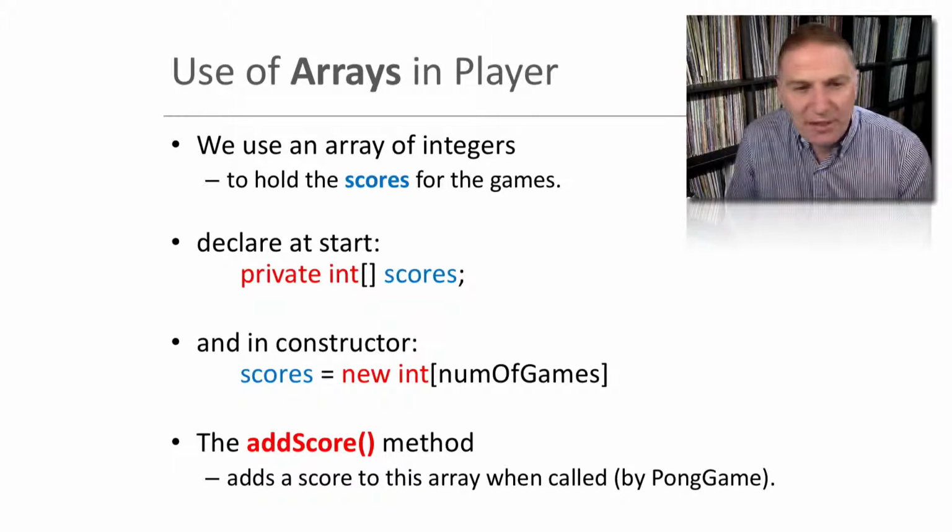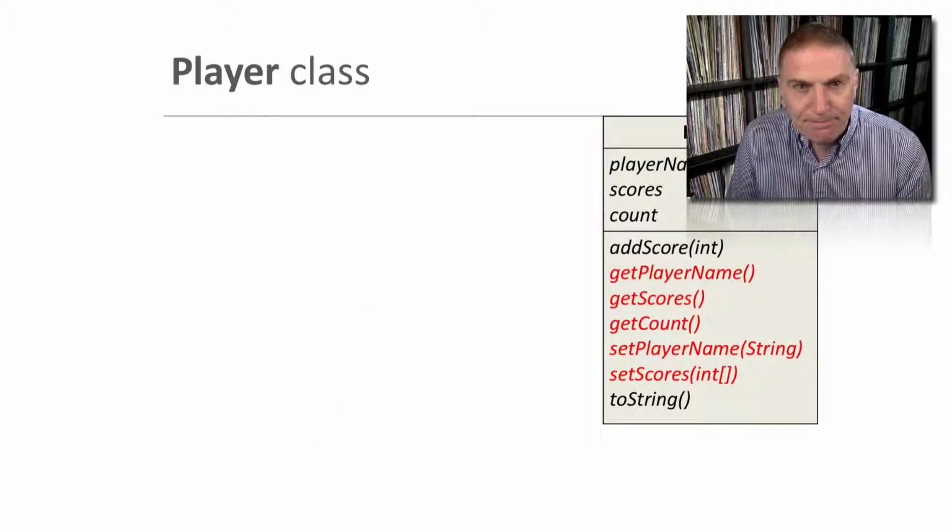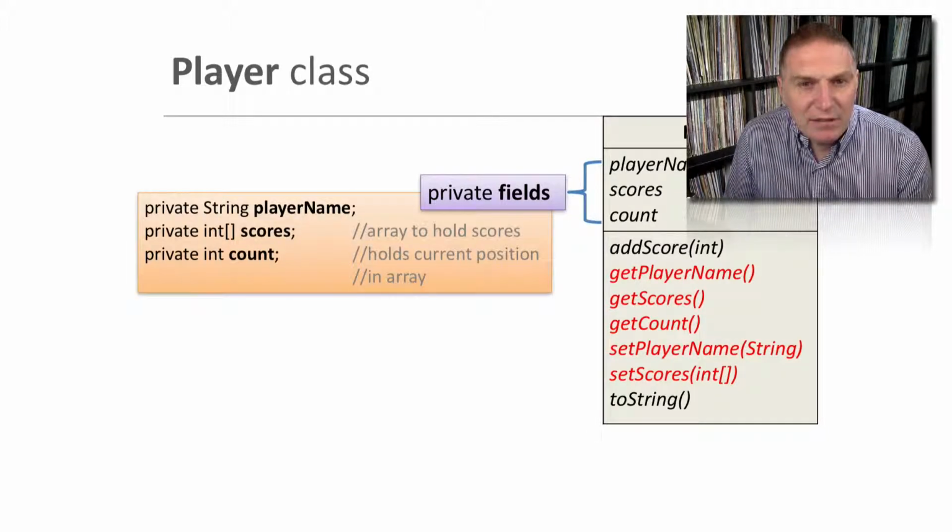The add score method adds a score to this array when called by Pong game. So every time we call add score, it's going to add a new entry into the scores array. So our fields, which are private in player, are player name, scores and count.